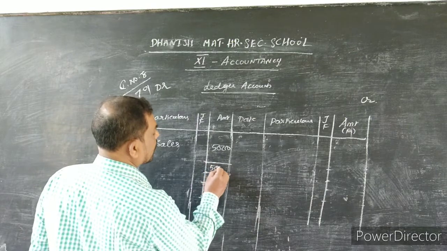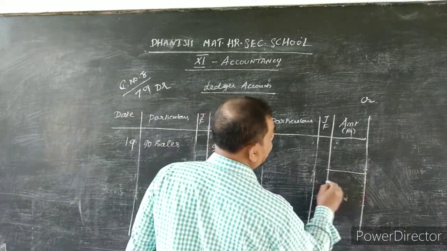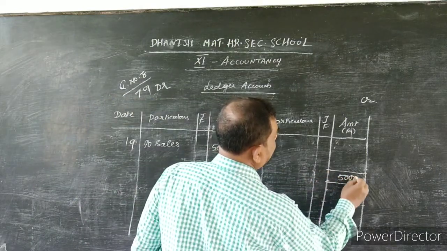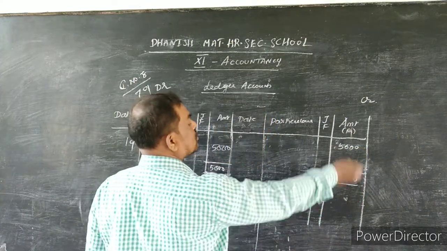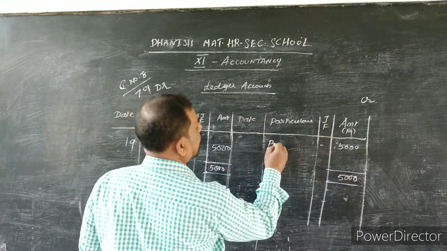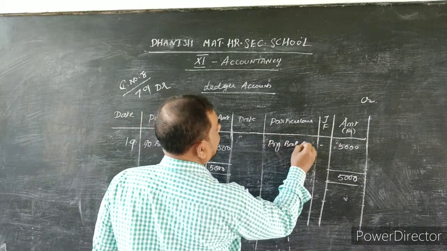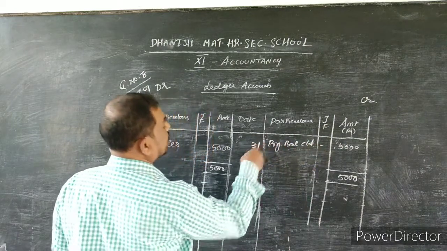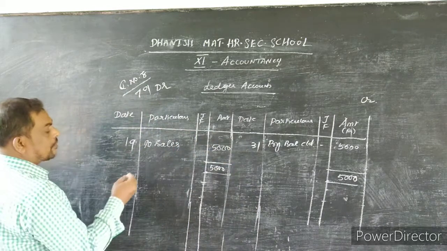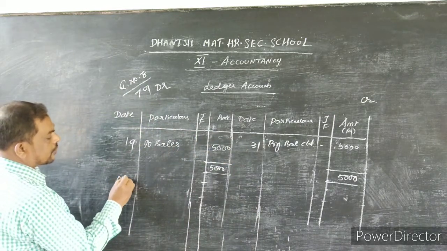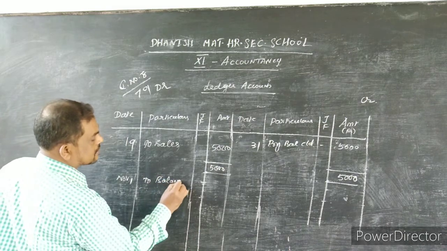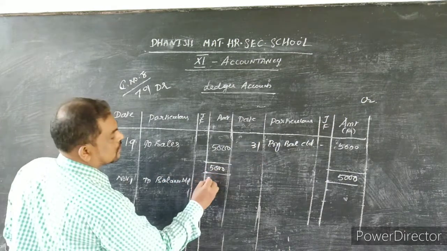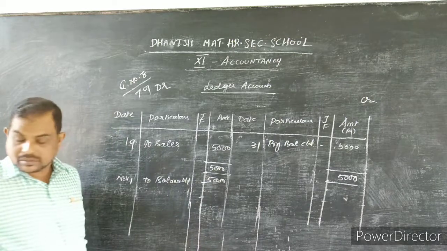Rupees 5,000. The same closing balance will come here as by 5,000. Nothing else is there, so the same amount comes on both sides. By balance carried down, date is 31st. Now it will come in the opening balance as November 1, to balance brought down. What is the closing balance? 5,000.